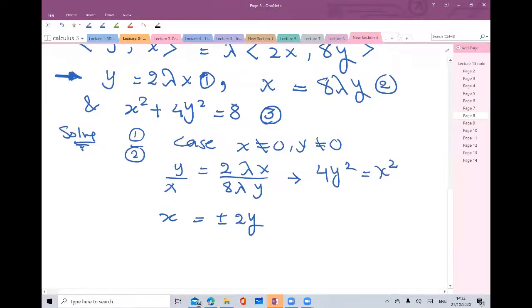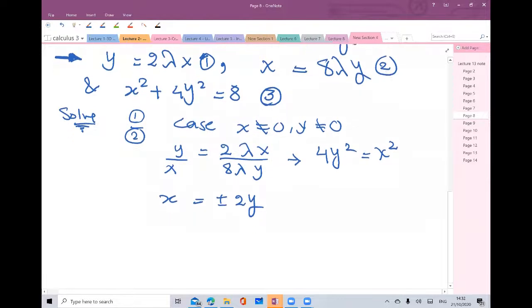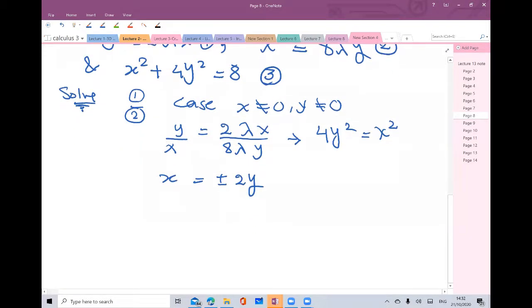If I have a relation between x and y, I need to find values. So where will I put this? In equation 3, right? The constraint. I'll go back to my constraint and put in the relation that I got.